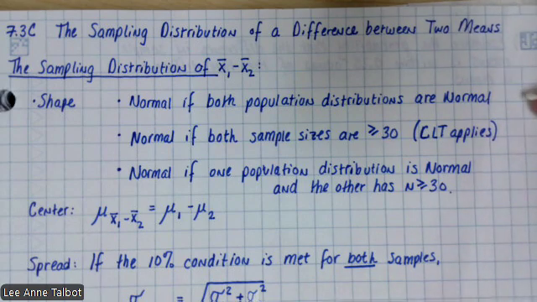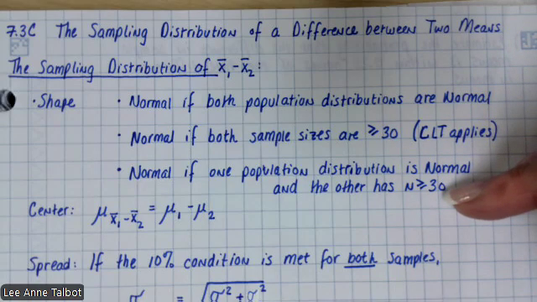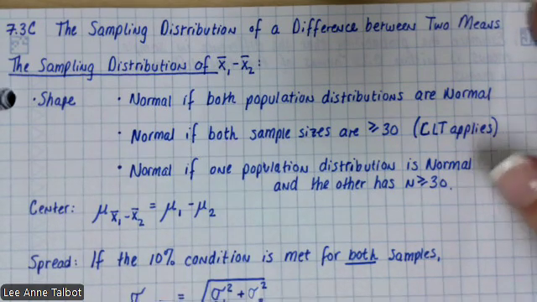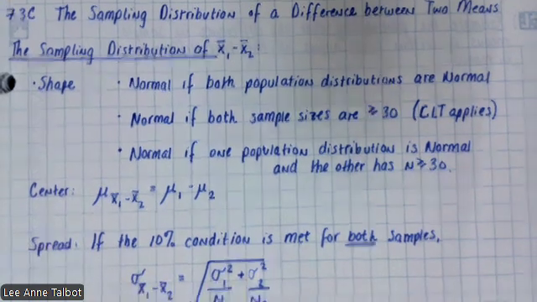They're either both the populations are normal, both of the sample sizes are large, or one of them is normal and the other one has a sample size that's large. And then what if it's not any of those things? Then sadly, it's not normal and you can't use normal CDF and then it's all bad from there.